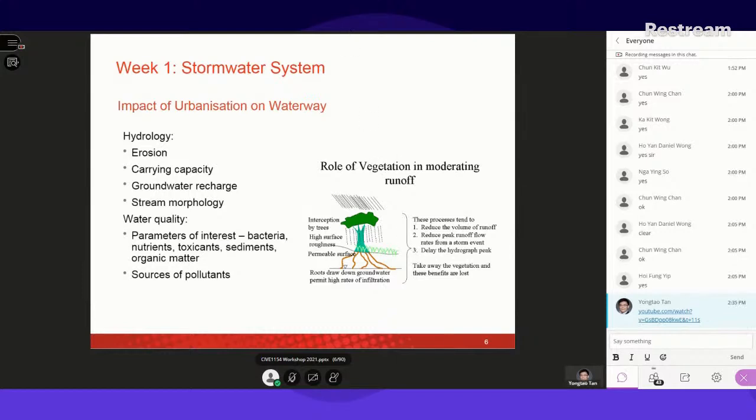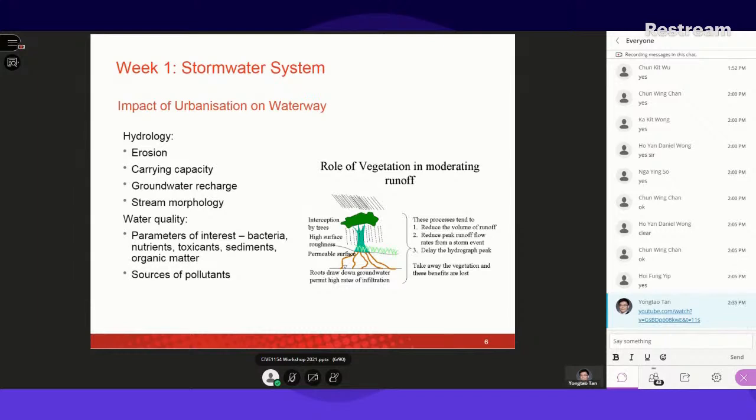You can see the importance of vegetation in the pre-development areas, such as the interception by trees, and also the high surface roughness that reduces the surface runoff speed.